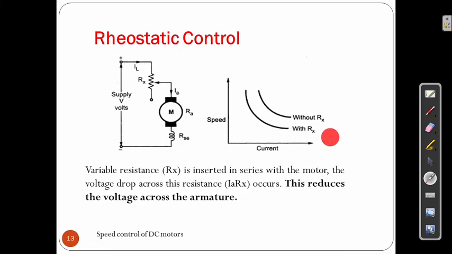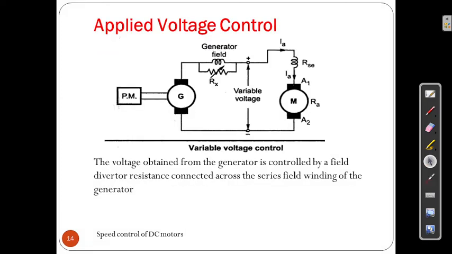This is with RX, the variable resistance, and without it. Without the variable resistance, the speed has a higher value than with it. This is the rheostat control.